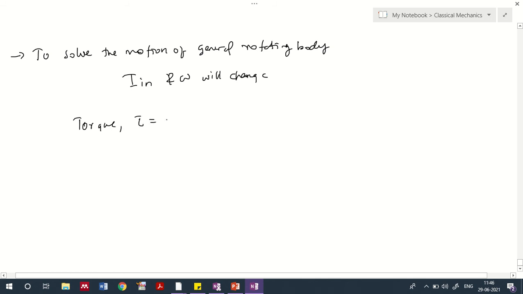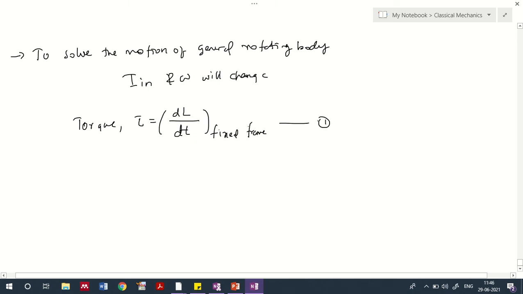We have seen that it can be represented as dL by dt, where L is, as you know, the angular momentum. So I take tau is equal to dL by dt in a fixed frame as the first equation here.